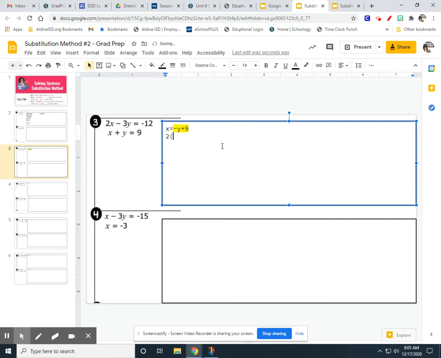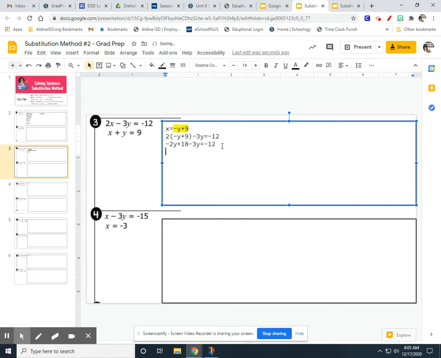So 2 parentheses negative y plus 9, close parentheses, minus 3y is equal to negative 12. Distribute the 2, that means you're going to multiply everybody by 2. Negative 2y, because negative 1 times 2 is negative 2y. Plus 18 minus 3y equals negative 12.